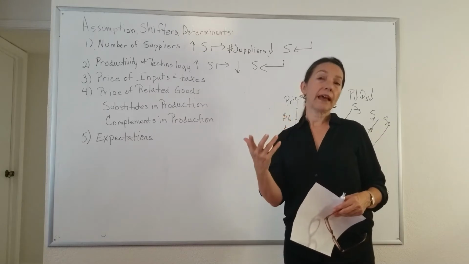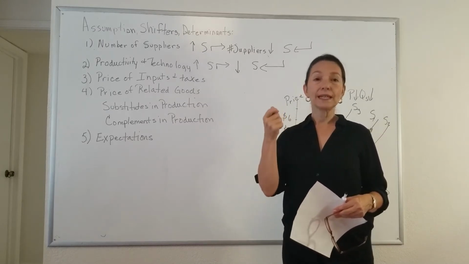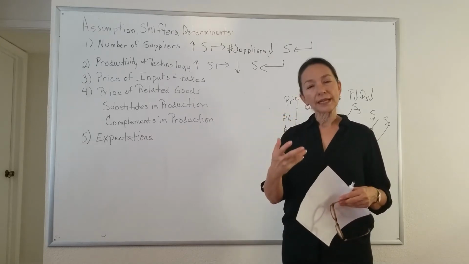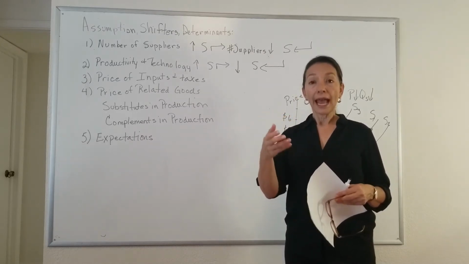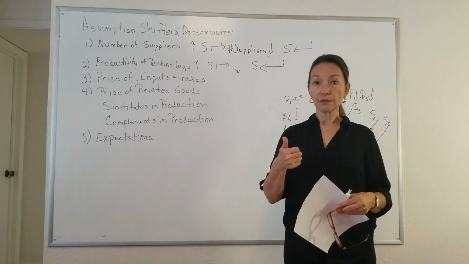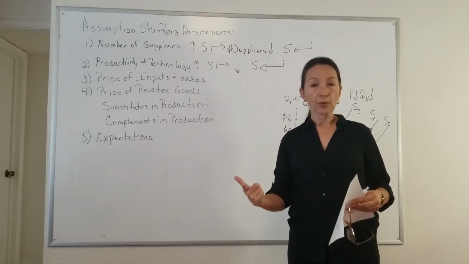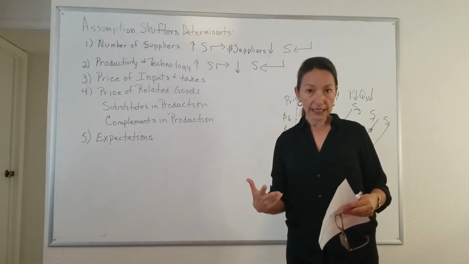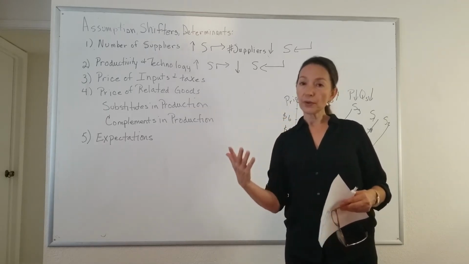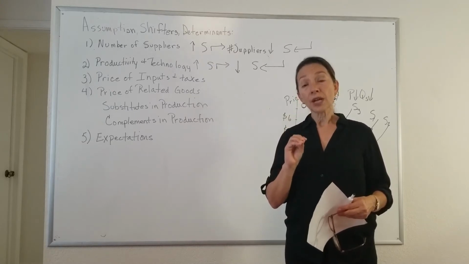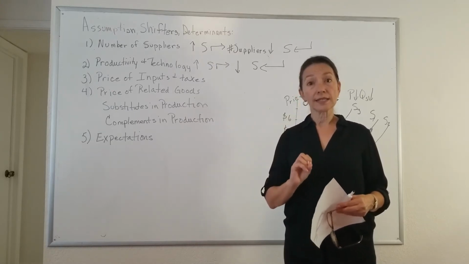Maybe I'm selling at the location, so I will need napkins. All these things are ingredients to making the ice cream cone, and not to mention wages that I have to pay my workers. If I have a location, I have to pay rent, I have to pay utilities, I have refrigerators that I need. All of those are input costs. And on top of that, taxes are costs as well.